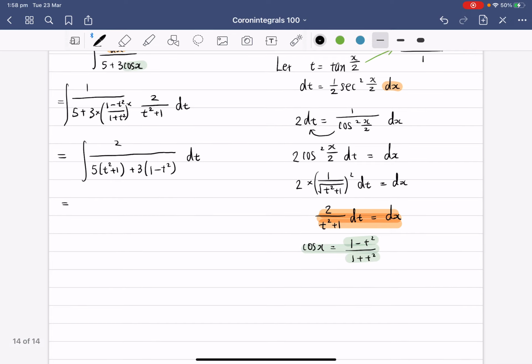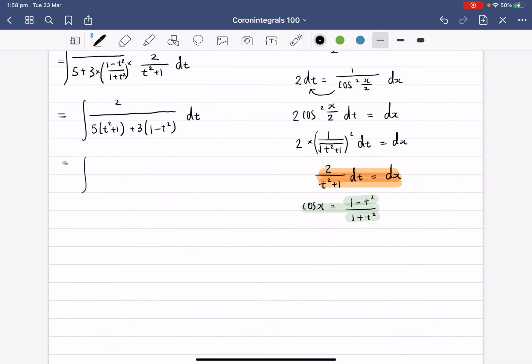Okay, next we need to expand the denominator. So we've got 2 over 5t squared plus 5 plus 3 minus t squared dt. Now the next step here is we just need to simplify the denominator. That gives us 2t squared plus 8.